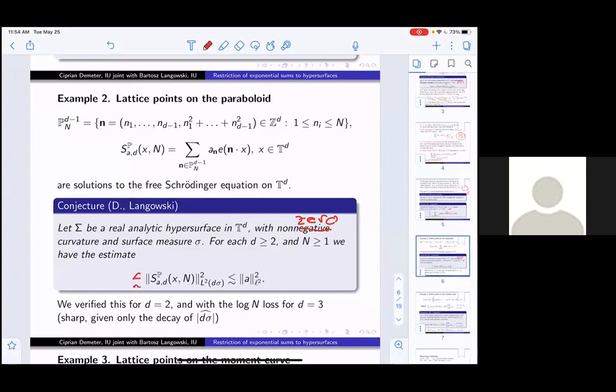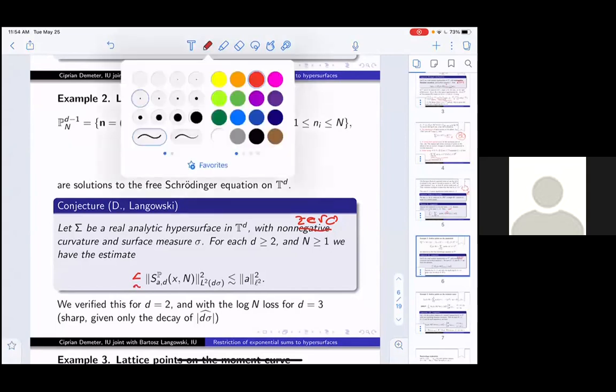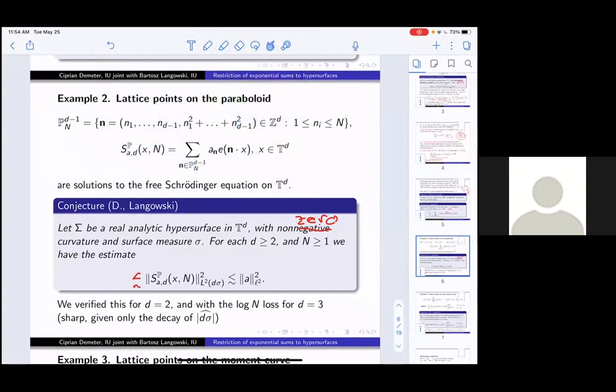I'm not sure if it's true or not. Honestly, we haven't spent too much time thinking about that part. But we mostly took this as an exercise, partly out of frustration of not being able to say too much about the sphere, and also hoping that the paraboloid is an easier model.